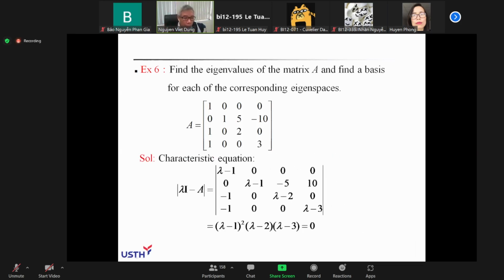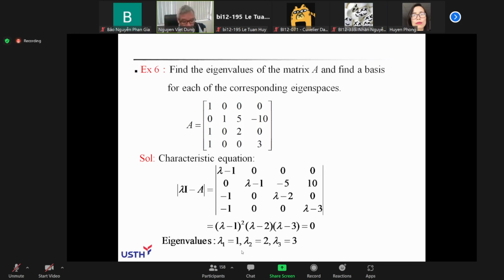First, the characteristic equation is that, and it's very easy to see that A will have the following eigenvalues: 1, 2, and 3. 2 and 3 are eigenvalues with multiplicity 1, but 1 is an eigenvalue with multiplicity 2. So now we have 3 different eigenvalues, or if you count with multiplicity, you have 4 eigenvalues.